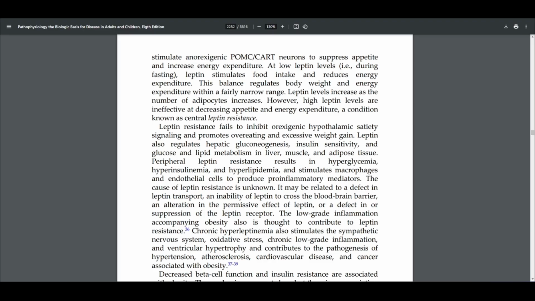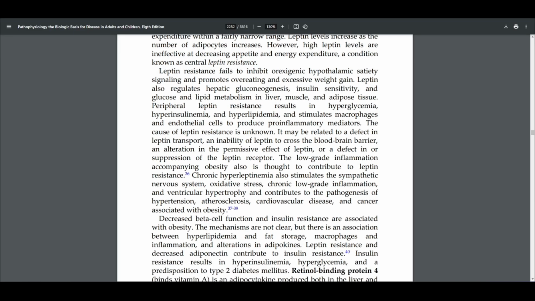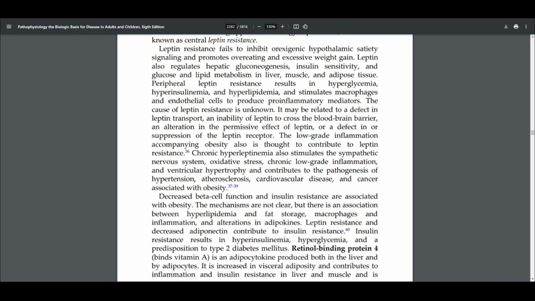However, high leptin levels are ineffective at decreasing appetite and energy expenditure, a condition known as central leptin resistance. Leptin resistance fails to inhibit orexigenic hypothalamic satiety signaling and promotes overeating and excessive weight gain.